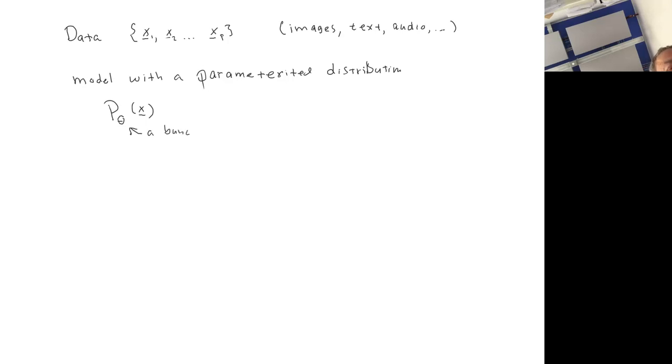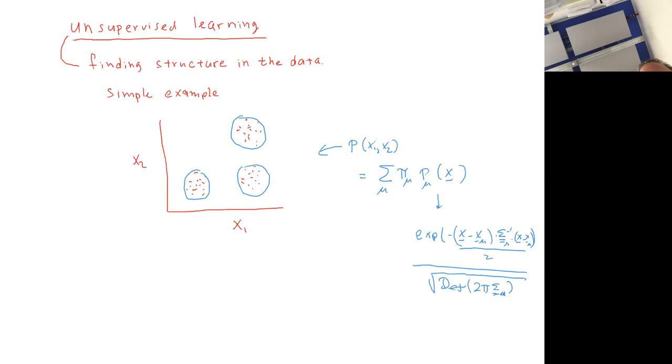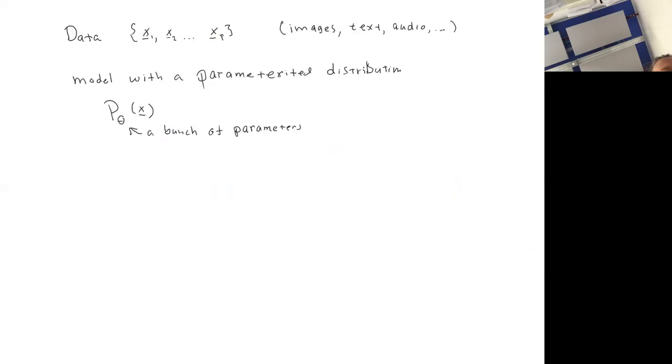I'm going to take inspiration from a mixture of Gaussian models and parameterize it. This is a little bit of an abuse of notation. I'm going to write this as equal to the integral dz over latents of p theta, some parameterized distribution of x and z.